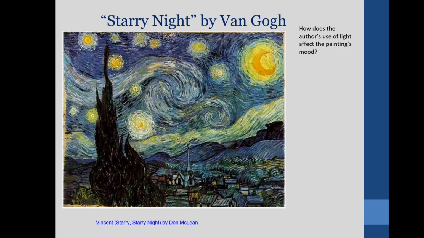I do not prompt them or tell them what to think or answer questions, because the whole point of the exercise is for them to be able to view the text, and in this case that's a painting, but to be able to view that text and draw their own conclusions.